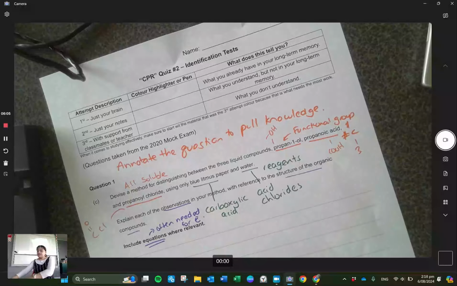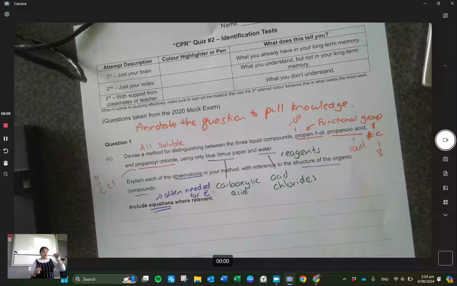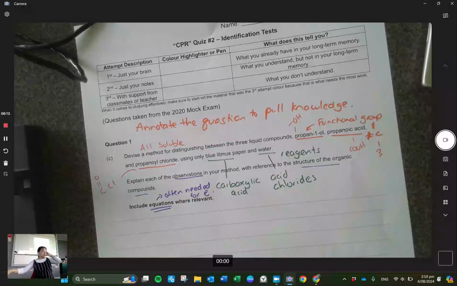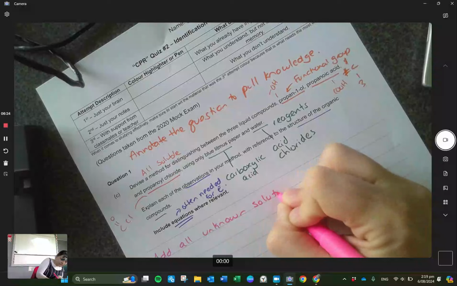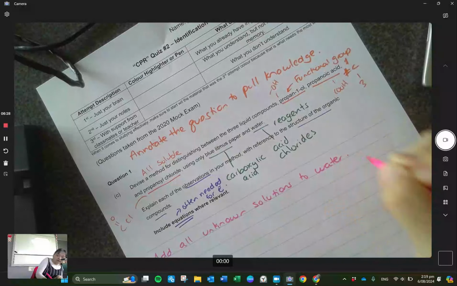So if I was thinking about how I would react it as a step, the first thing I would do is add all my unknown solutions to water, which is one of my reagents.